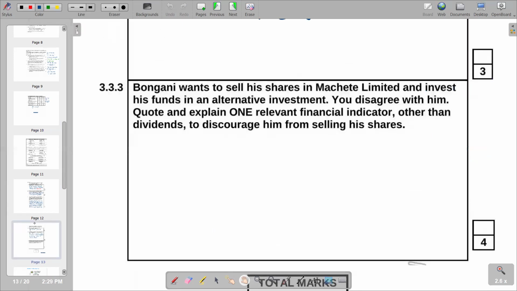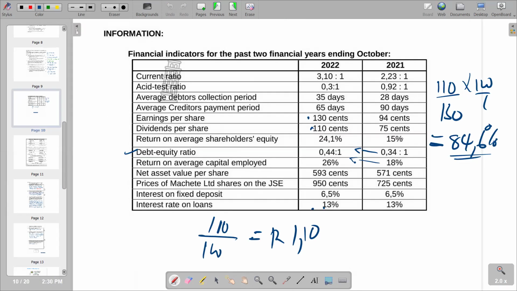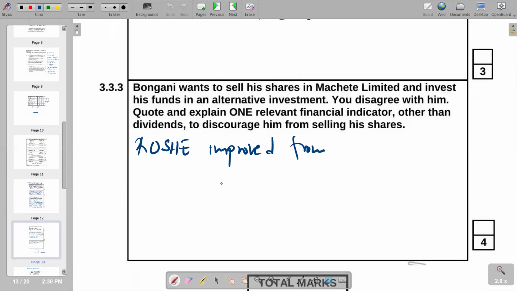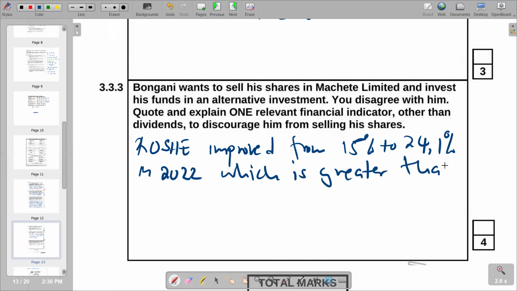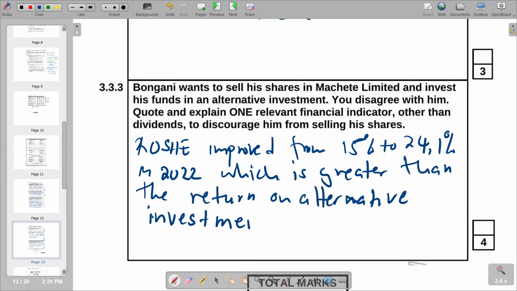So we come here and we say return on shareholders' equity improved from 15% to 24.1%, which is greater than the return on alternative investment, which in brackets we can put as 6.5%.